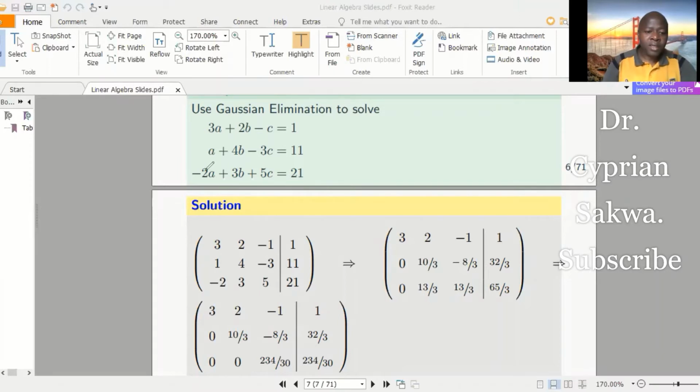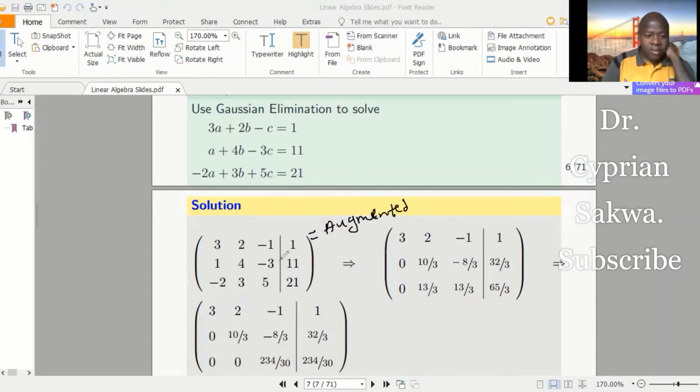Then the coefficients here, negative 2, 3, and 5, and then 21. This matrix is what I call the augmented matrix.